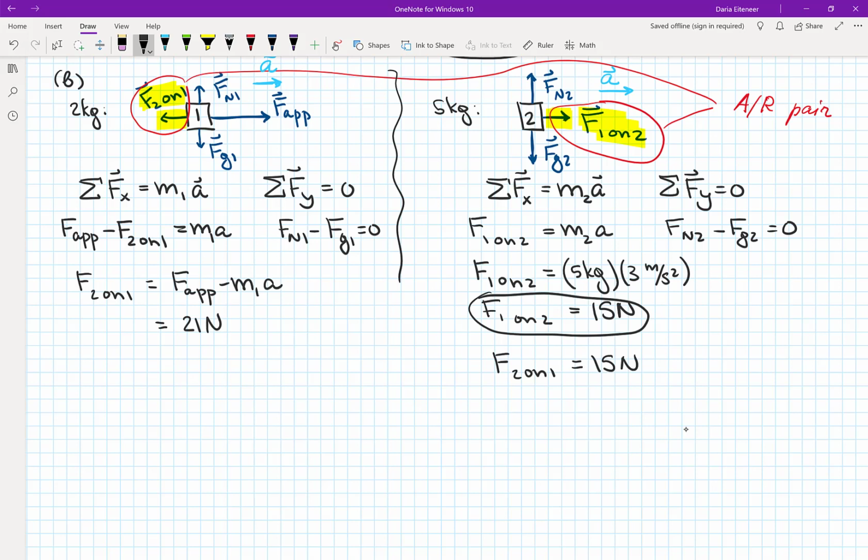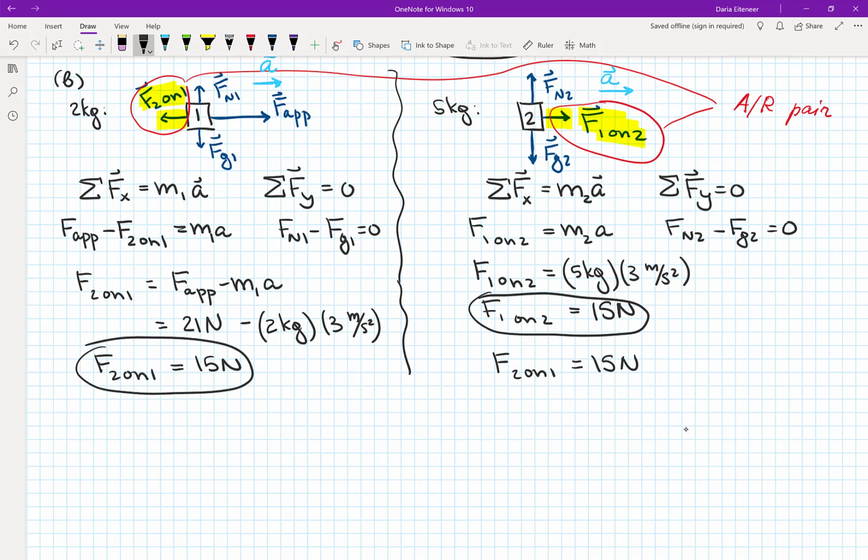I'm going to substitute everything in. Guess I really didn't need parentheses there. Okay, so this is 2 kilograms times 3 meters per second squared, and I get also 15 newtons. Okay, so this makes sense that these two are equal and opposite, because they are pair, right?